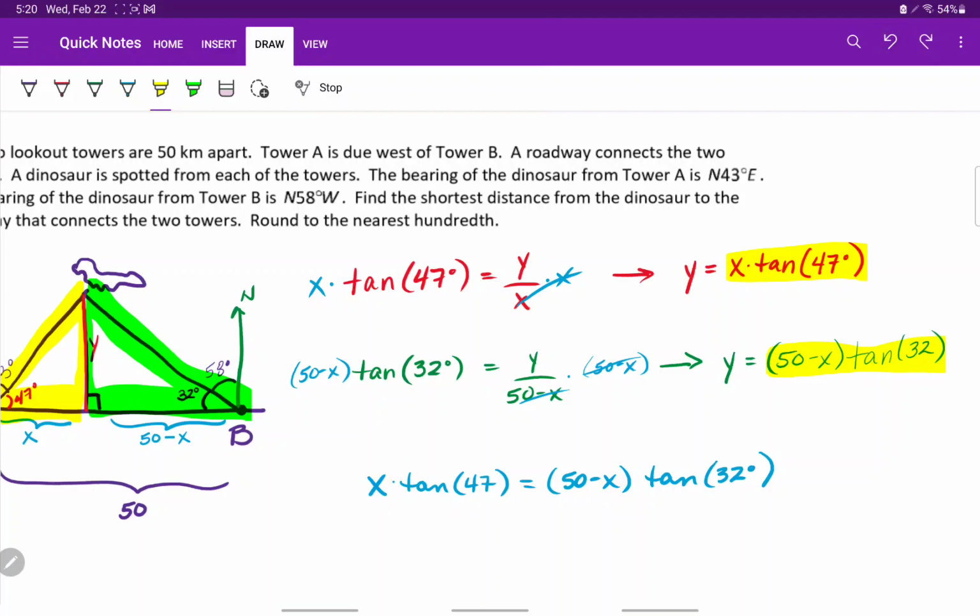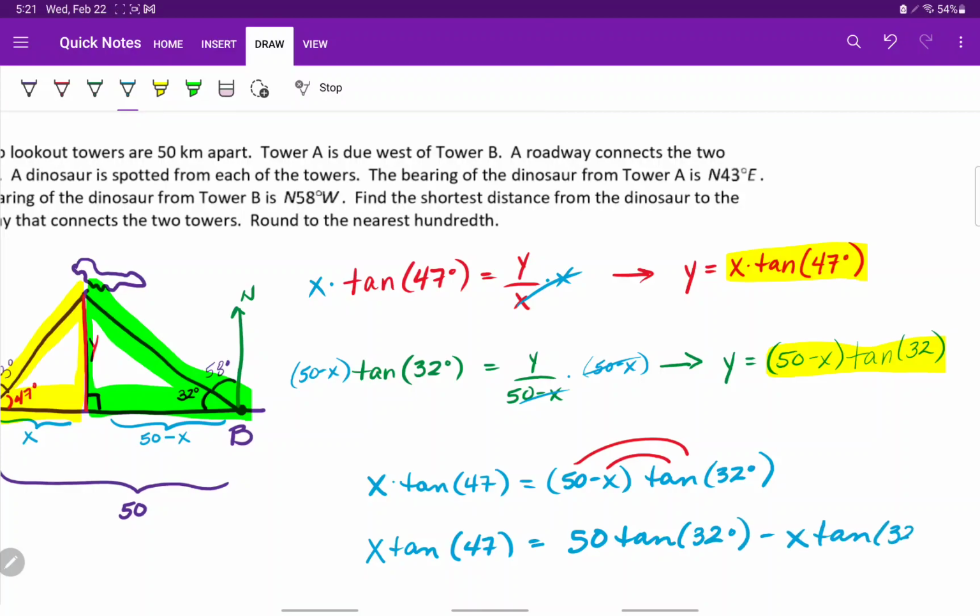We are going to distribute our tangent on the right side. So I still have x showing up multiple places, but it's not trapped inside the parentheses anymore.